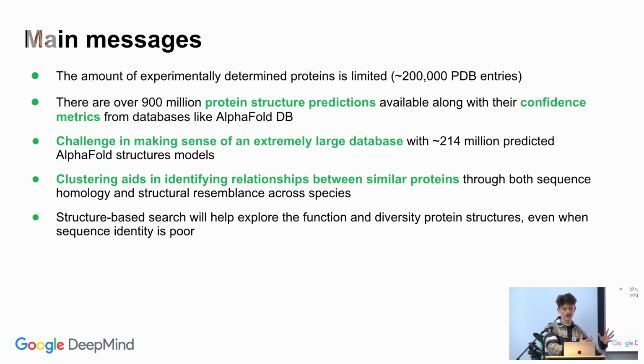Hopefully I've highlighted that by clustering, grouping proteins based on sequence and structural properties, you can start identifying relationships between similar proteins and understanding how, across evolution, where it's prevalent. And finally, with the new live Foldseek search, hopefully you'll be able to explore the function and diversity for a given protein structure that you're interested in, even when sequence identity is poor, as I showed you in the example.